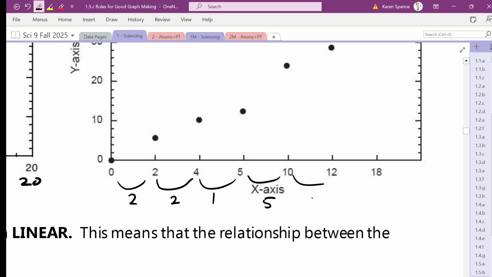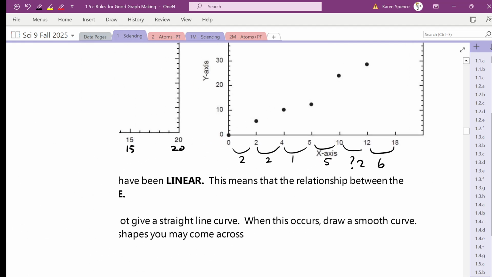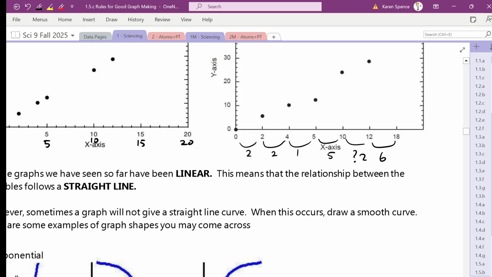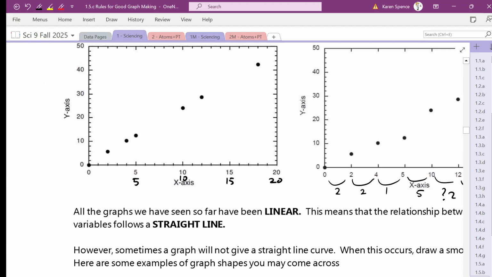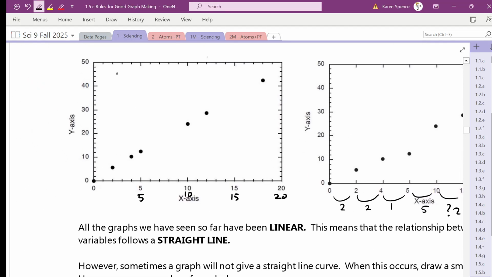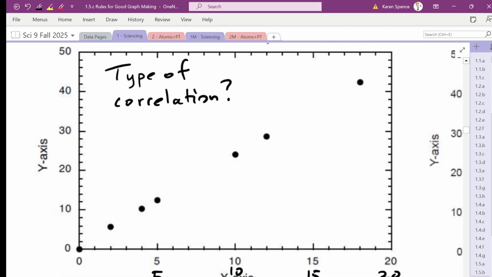What's happening here? 2, 6. That's crazy. Okay. What type of correlation do we have here? In graph A, it looks like it'd be perfect.